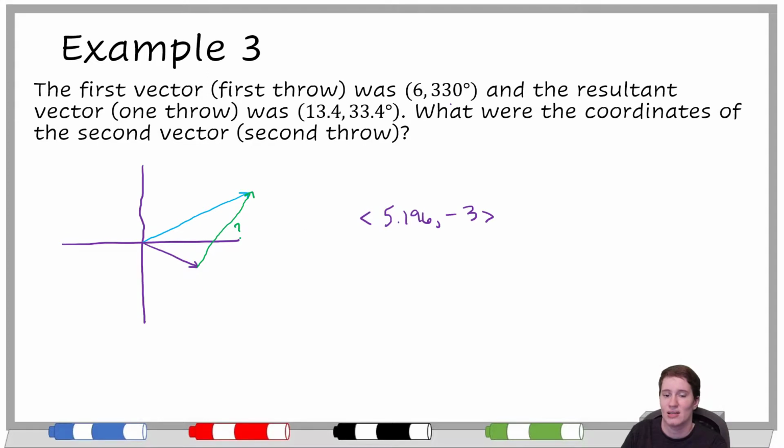Because that is actually a reference angle of 30, we probably could have done this differently, like with special right triangles.